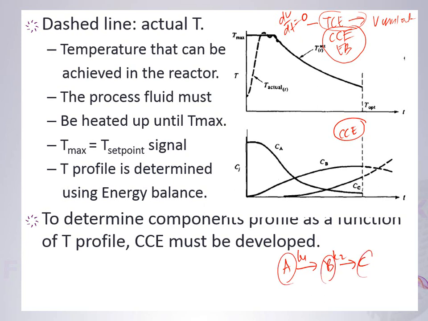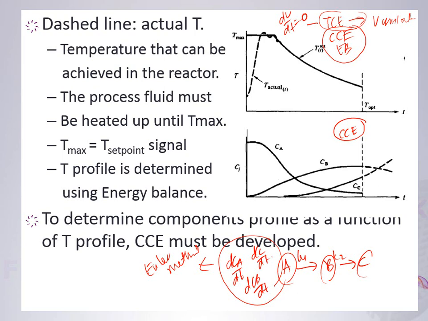So from here, if you run the CCE, you will have dCA/dt, dCB/dt and dCC/dt. From here you can use, say for example, the Euler method, to find the profile: at time equals 0, what are your CA, CB, CC.